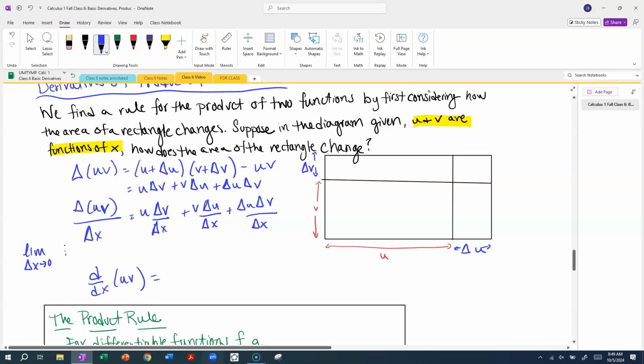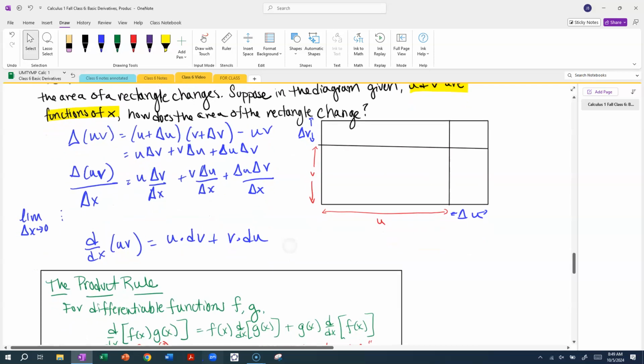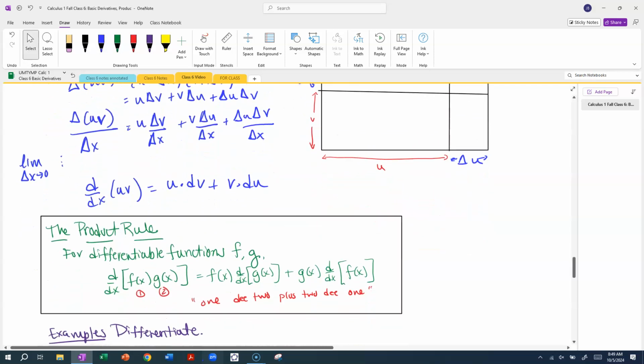And then the right side would be u times dv plus v times du, okay? This last quantity would actually drop out because of the limit. And so that gives us our first product rule, okay?